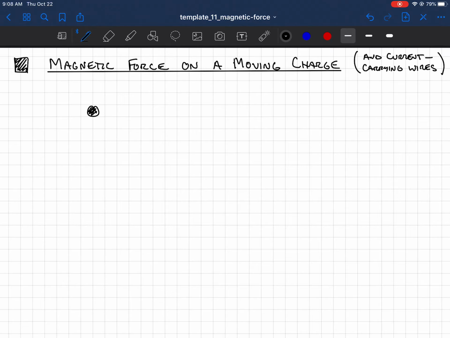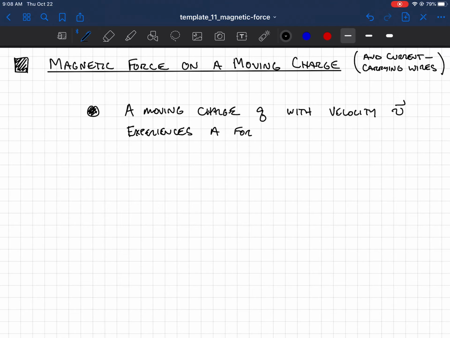And we represent all of that with the variable B. And then if you have a moving charge Q with velocity v, it experiences a force, which we call F_B, when in a magnetic field B.